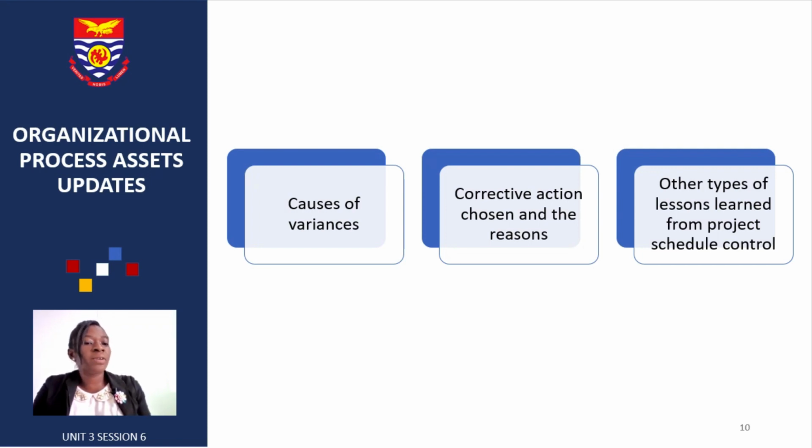If it is in the positive direction, how do we make it consistently remain so, or even get more results? If it's in the negative direction, what can we do to bring it back on point? And other types of lessons learned from the project schedule control would all have to be in there. These are things we look at when we're looking at the organizational process assets update.